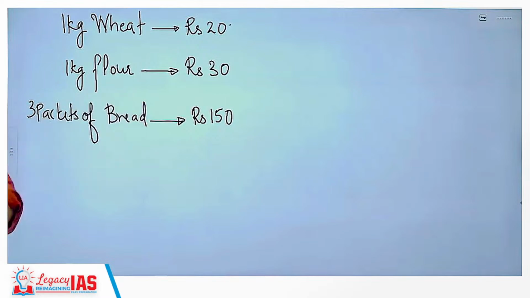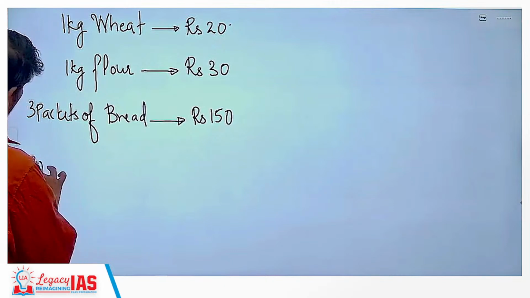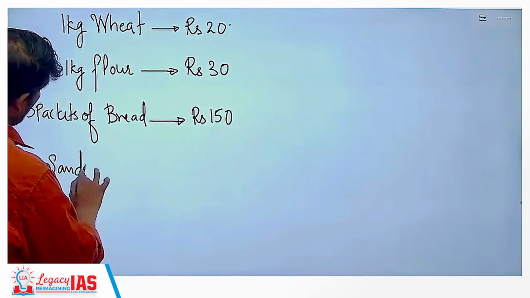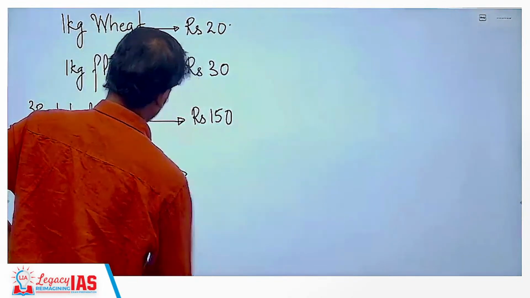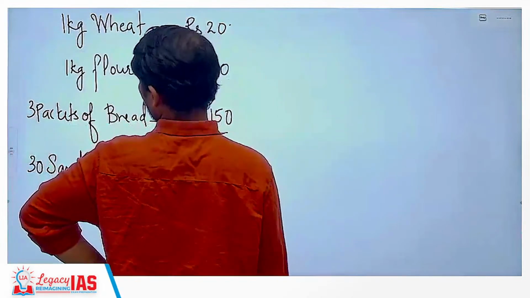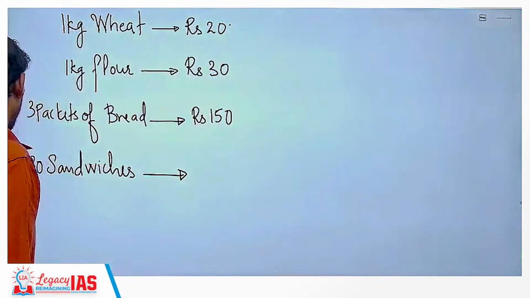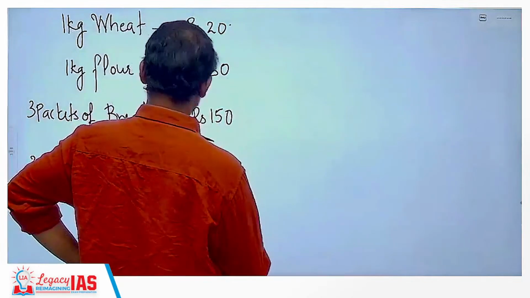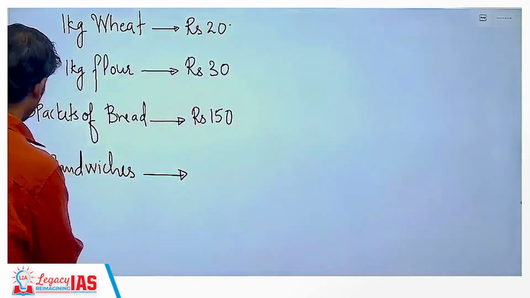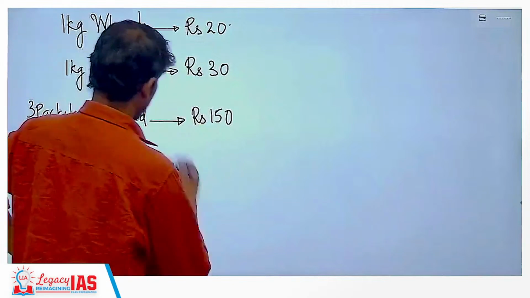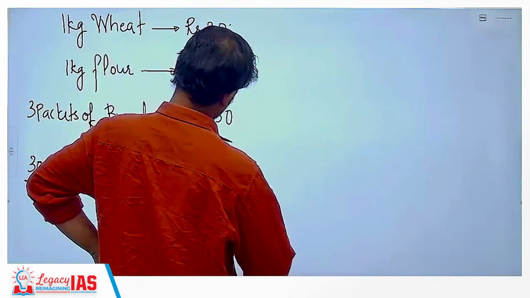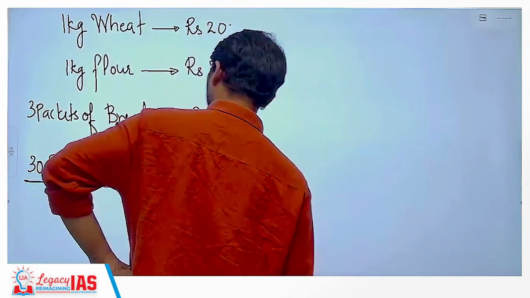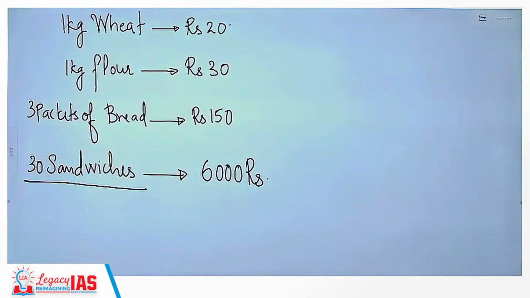This goes to the restaurant and gets converted into sandwiches. So let's say 30 sandwiches, 200 rupees each, that would be 6,000 rupees.